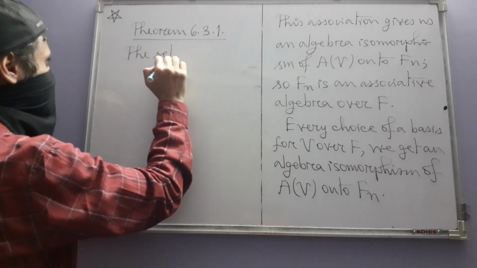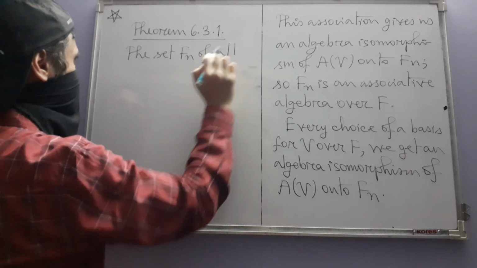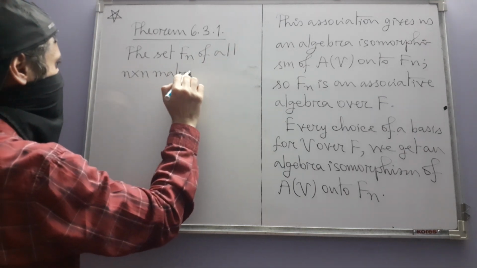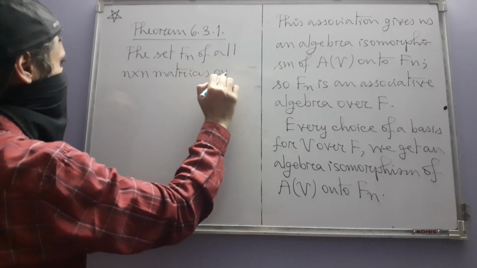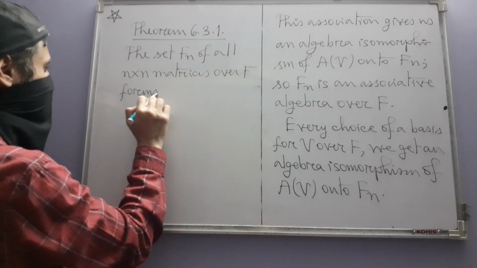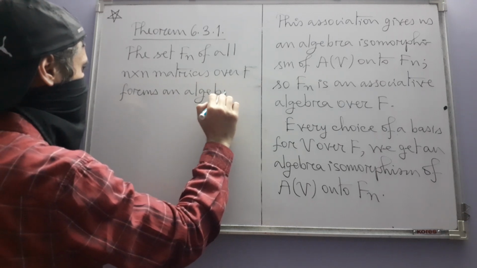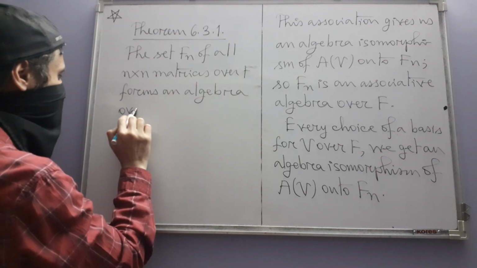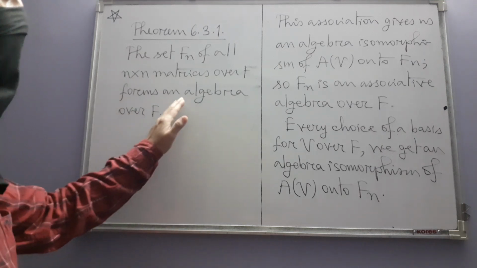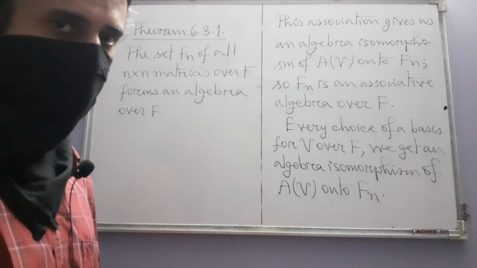The set Fn of all n by n matrices over F forms an algebra over F. We do not every time mention associative algebra, because we do not consider non-associative algebras in this book.